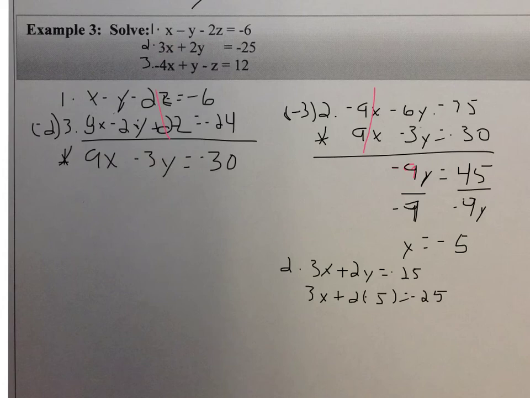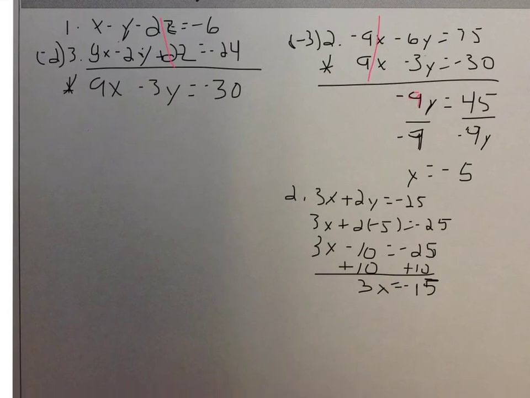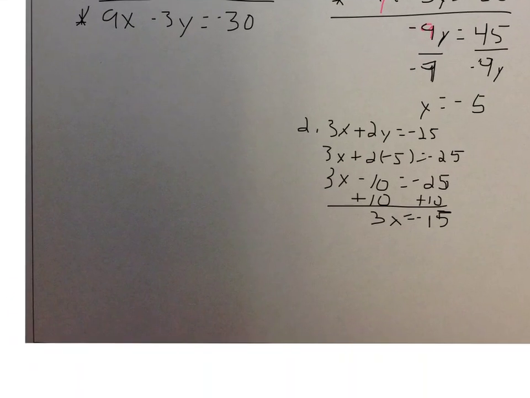If I do that, then I get 3x minus 10 equals negative 25. Add 10. I get 3x equals negative 15. I'm going to divide by 3. x equals negative 5.